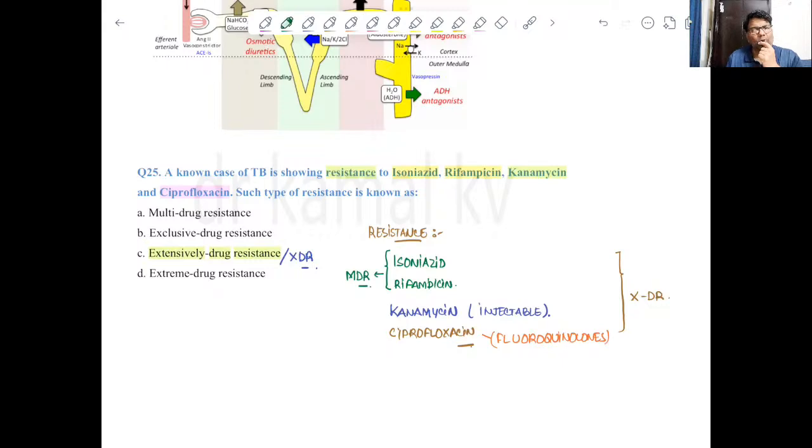Isoniazid, rifampicin, only MDR, plus an injectable antitubercular like kanamycin or any member of fluoroquinolones, all four you will call XDR. Only two you will call MDR. Clear? So MDR, isoniazid, rifampicin, and if you add two more second line anti-tubercular drugs, it will become XDR, that is extensively drug resistance, right?